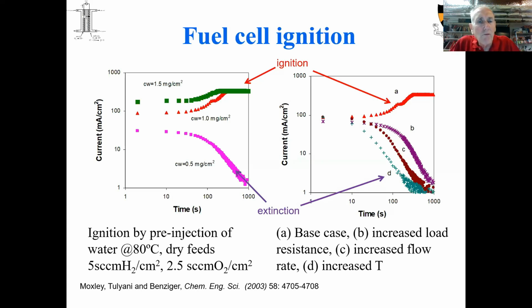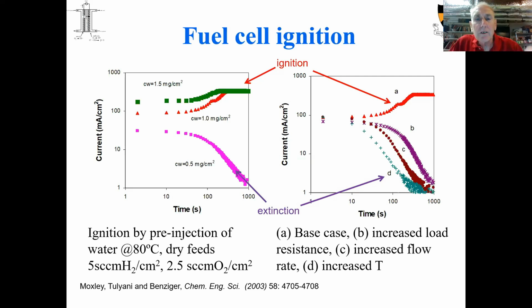But if we're above a critical water content in the membrane, and this being 1 milligram per square centimeter, we see that over time the current increases until it reaches a steady state.